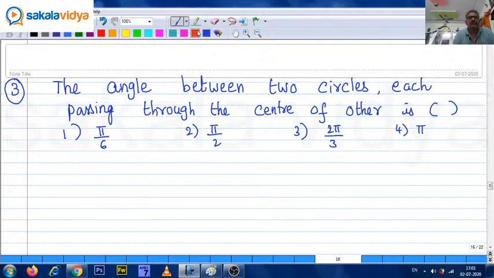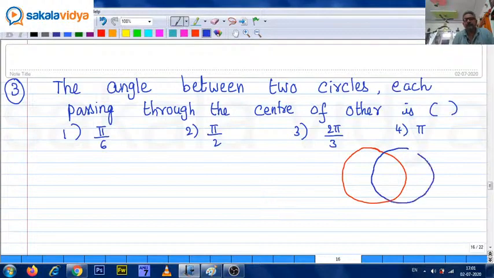Here, see, this is one circle. Now the other circle is passing through like this. So what it implies is that the second circle passes through the center of the first circle, and the first passes through the center of the second circle.